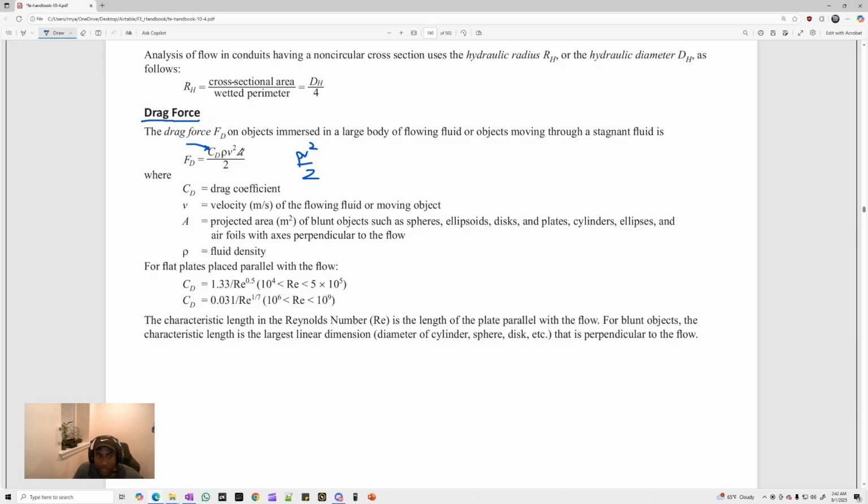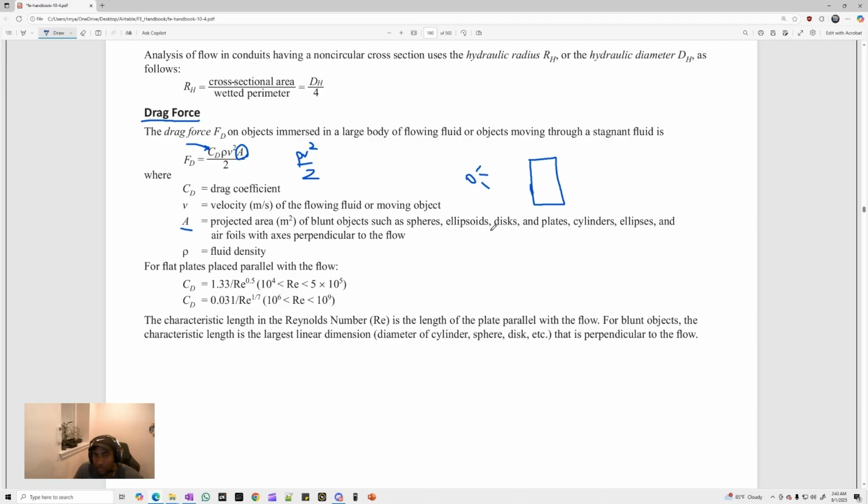So we take the drag coefficient, multiply it by the dynamic pressure, and then we multiply it by something called the projected or frontal area, and that's the area that you would see if you're looking from the flow towards that object. So if you can picture the cylindrical object, your eyeball is in this orientation.